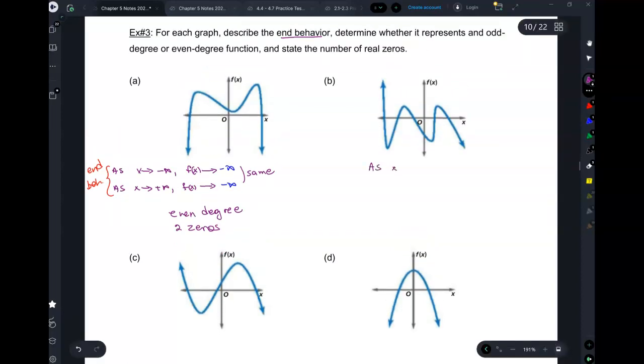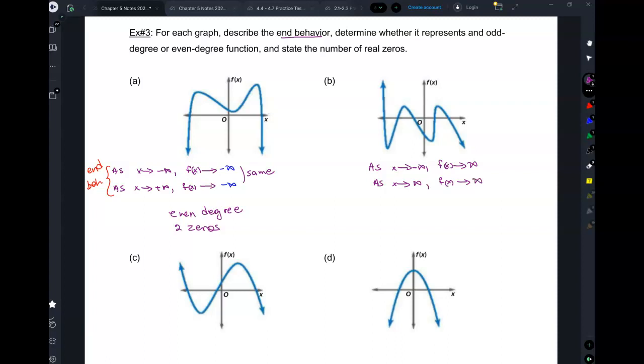Okay, here, end behavior. Again, as x approaches negative infinity, f of x approaches something. As x approaches positive infinity, f of x approaches something. Now, when we are writing positive infinity, it's not necessary to include the plus. So, as x approaches negative infinity, where is the y going? Up to positive infinity. And as x is going to positive infinity, where's y going?